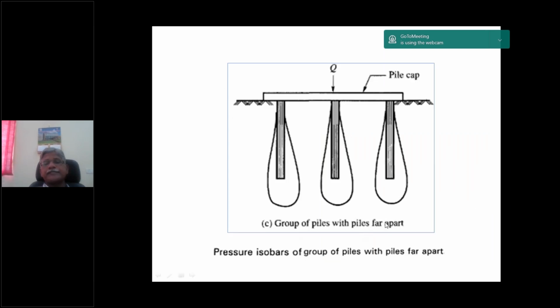So this is a group of piles with the piles far apart. If piles are spaced at maximum distance, the stress interference won't be there. In that case, the efficiency of a pile group can exceed 100%.